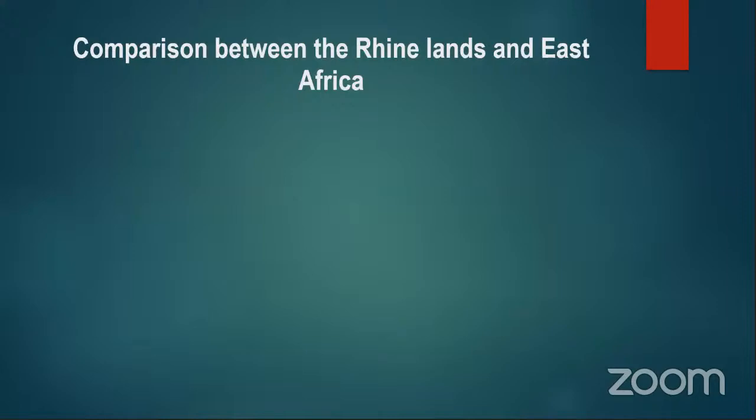So we want to compare the other 5 countries with our 6 countries that make up East Africa. Once we make that comparison, we shall come to know how big the Rhinelands is. First, let us compare the land area and size.